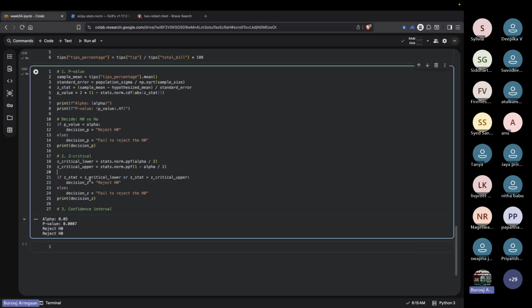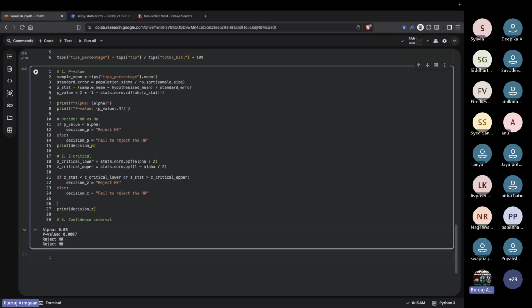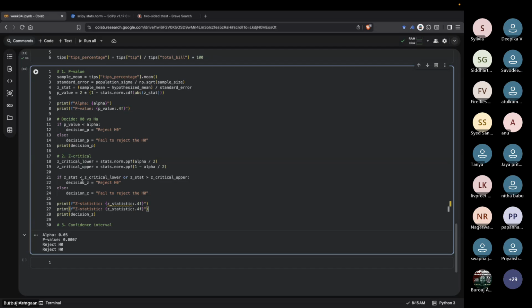Maybe we should also print what our z scores are. We can print: my z statistic was this much. We named it something else this time.